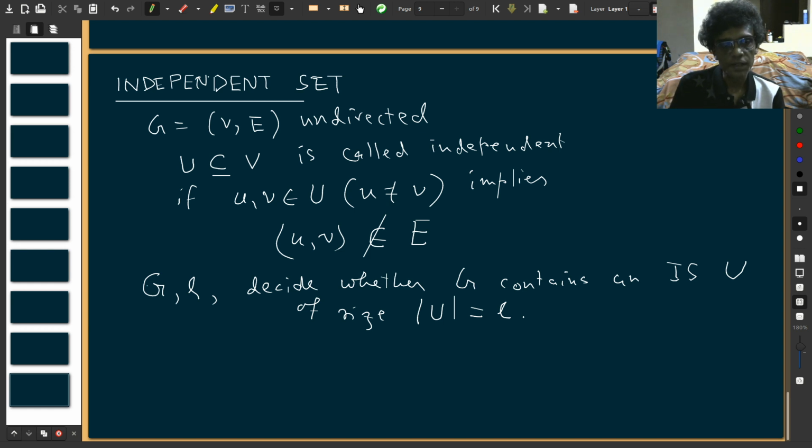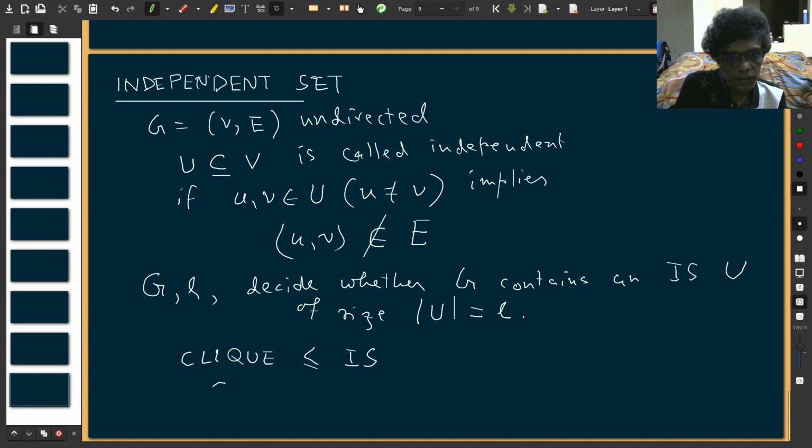On the other hand, if G does not contain an independent set of size L or more, then I cannot have this certificate. And for proving NP hardness, I will simply make this obvious reduction from Clique to independent set.